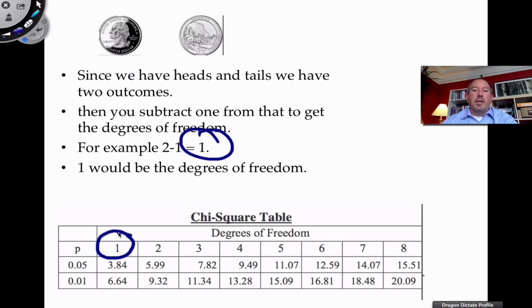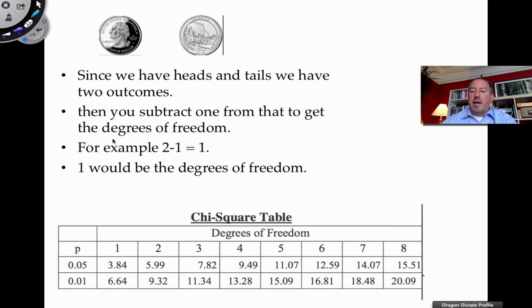So we're looking right here, and we're not considering any of this other information. Now, the probability, this 0.05 or 5%, means that we're 95% sure, and in this case 0.01 is 1%, so it's 99% sure. And then these values right here are called the critical values.